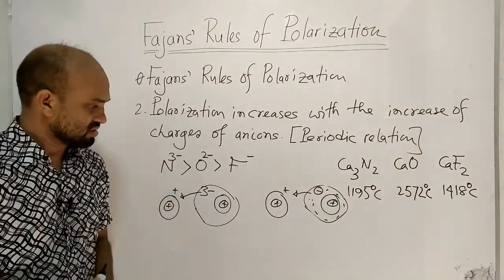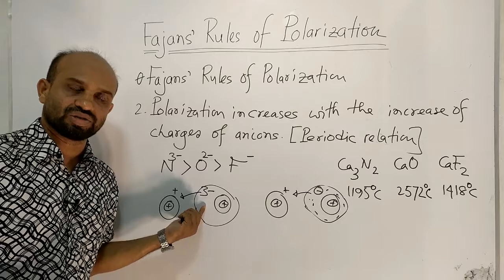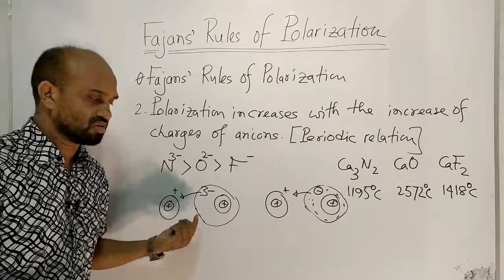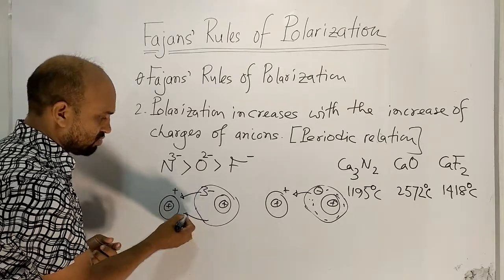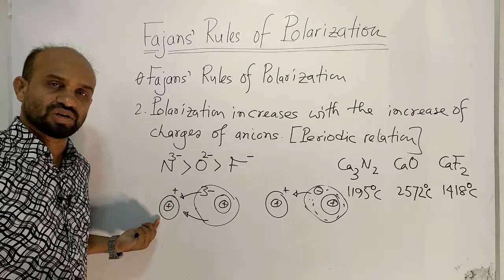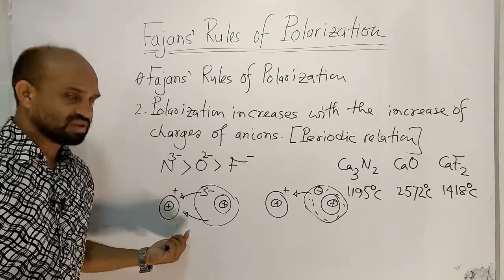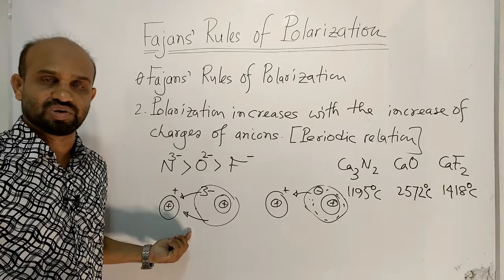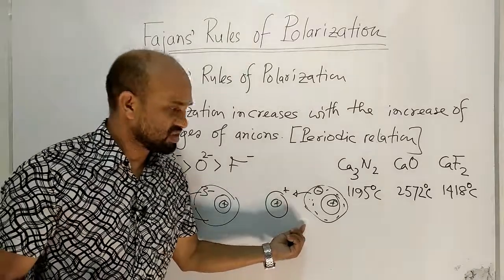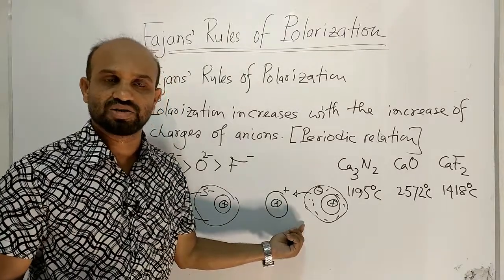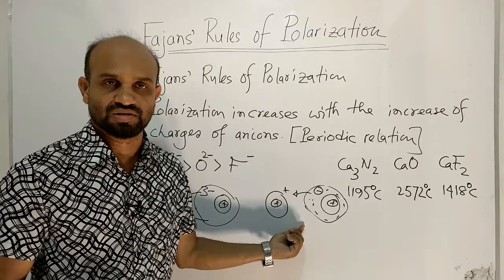So this is the reason. High concentration of electrons in the anion means a higher movement towards the cation, and polarization will be higher, but in this case polarization will be lower.